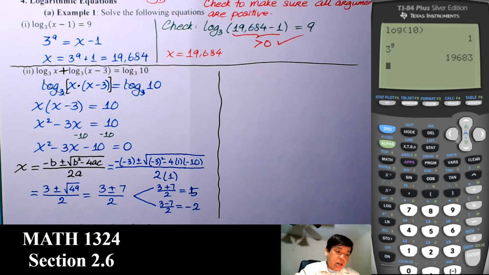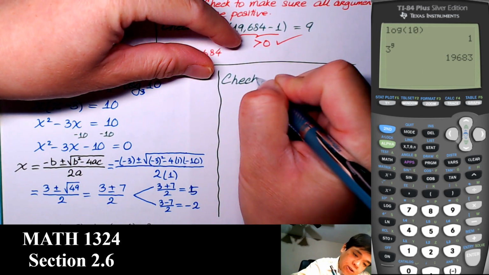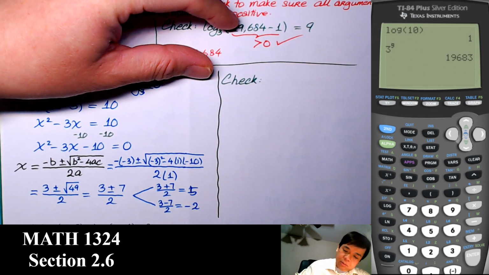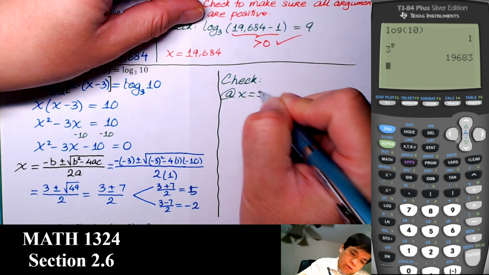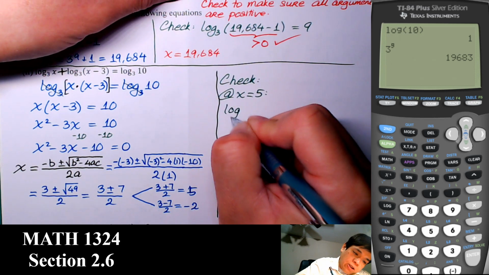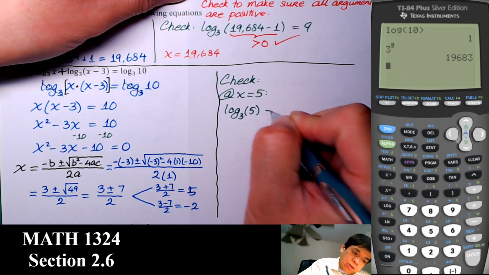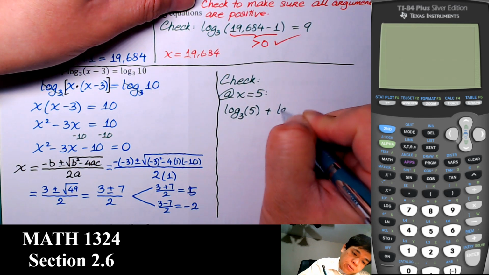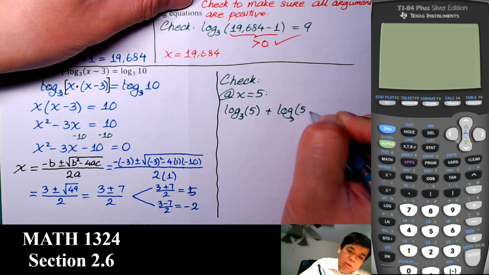So now we need to check. First, when x equal to 5, we have log base 3. Now we substitute 5 for x.